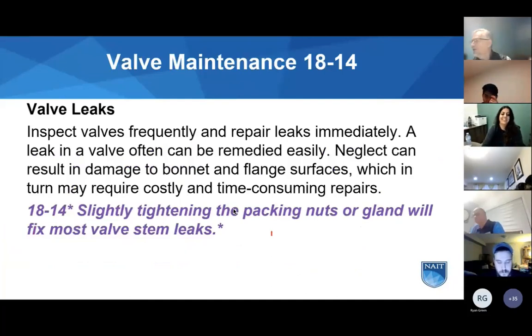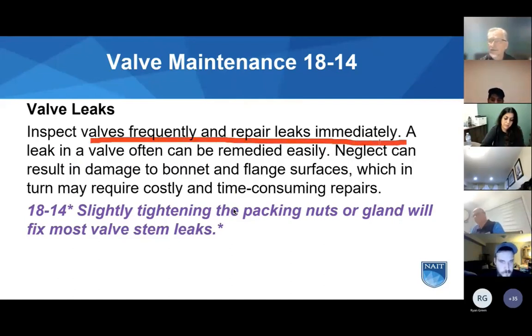Okay. Valve leaks. A little bit on valve maintenance. Inspect valves frequently. He touched on this in the video, and I made a number of check marks beside each of the points. Inspect valves frequently.